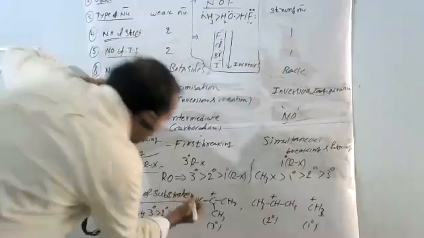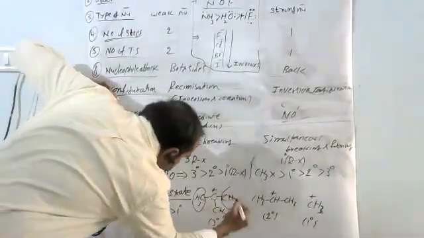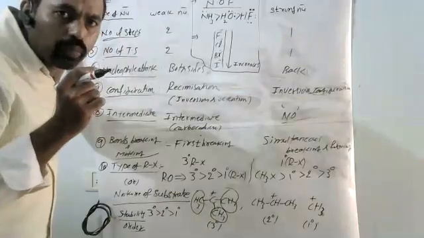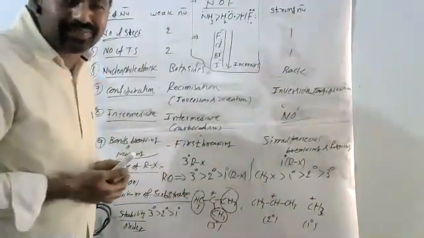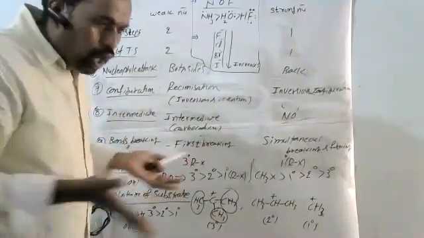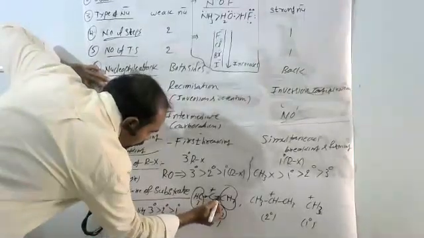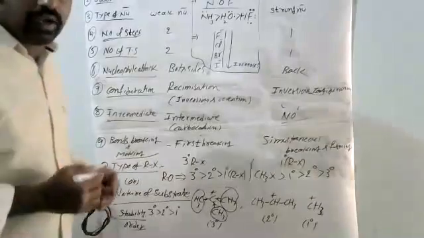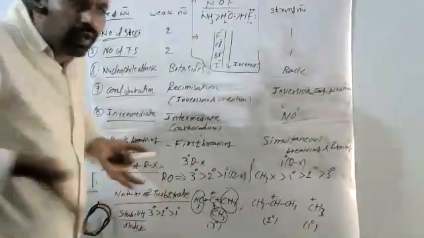So these carbons are surrounded by how many alkyl groups? 3 alkyl groups. See, methyl, methyl, methyl. I have given that the alkyl group nature is electron donating nature. It donates the electrons to carbon. The electrons are moved from the donating group.